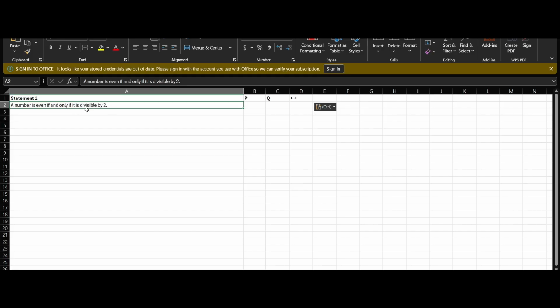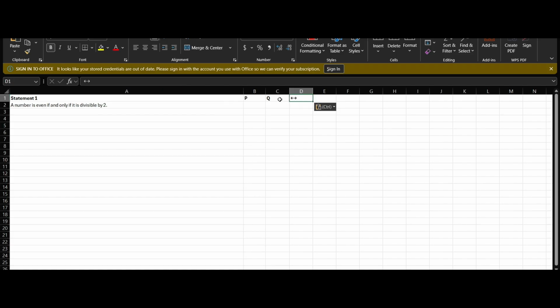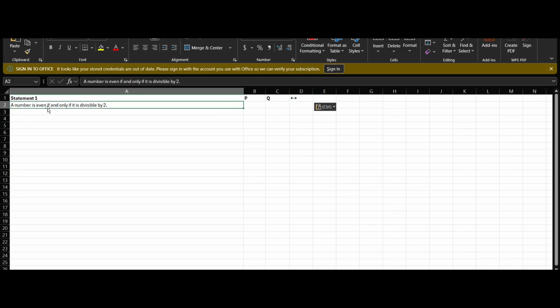So let's just keep that in mind. Biconditional statements are basically depicted as if and only if, and their symbol is these two arrows right here. Okay. So statement one will be: a number is even if and only if it is divisible by two.